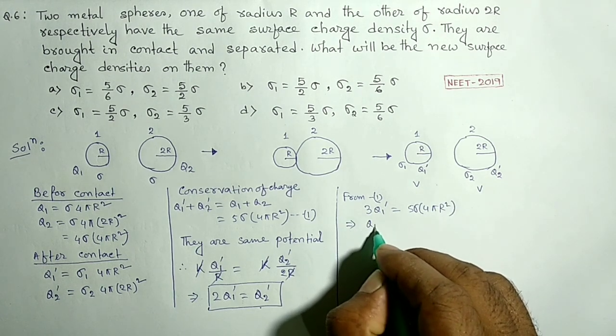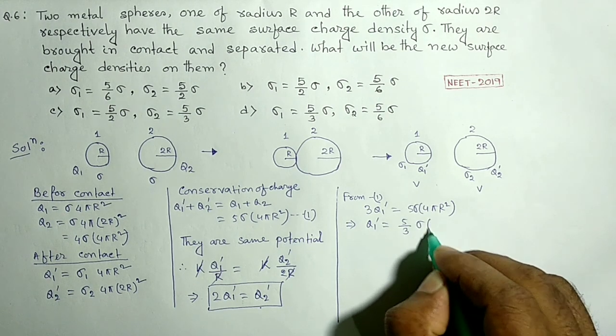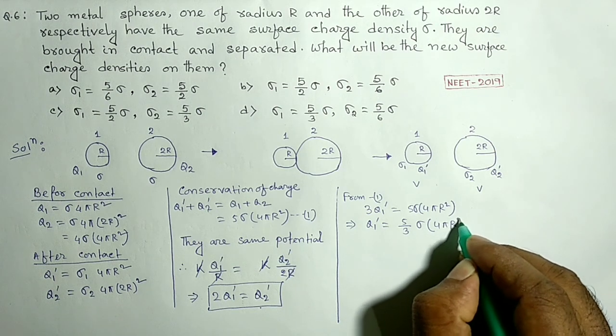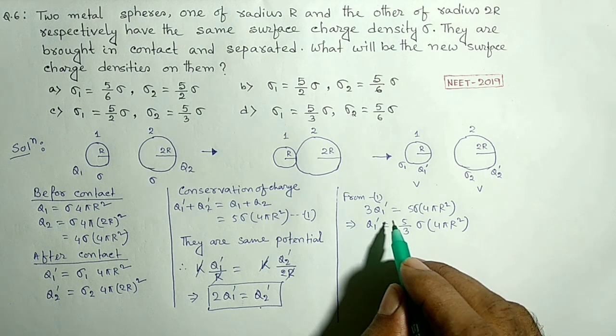Now Q1 dash equals 5 by 3 sigma into 4 pi r square. This is the value of Q1 dash.